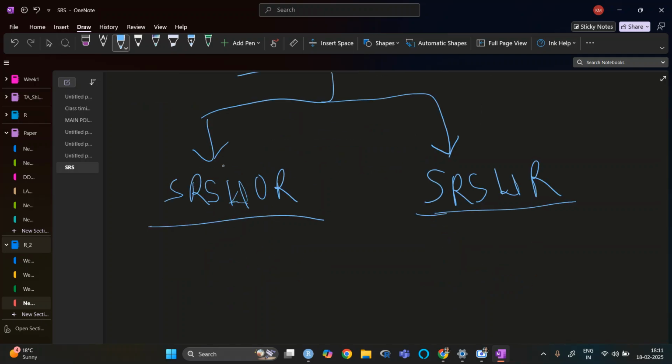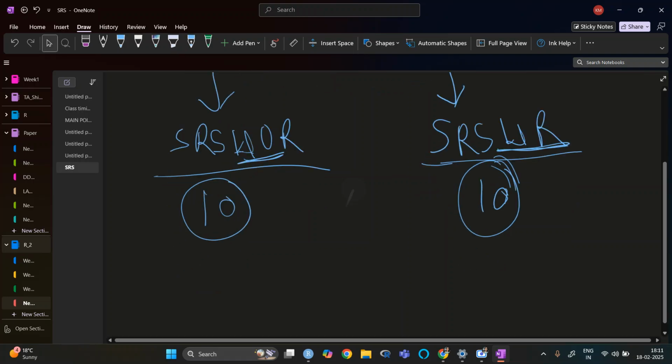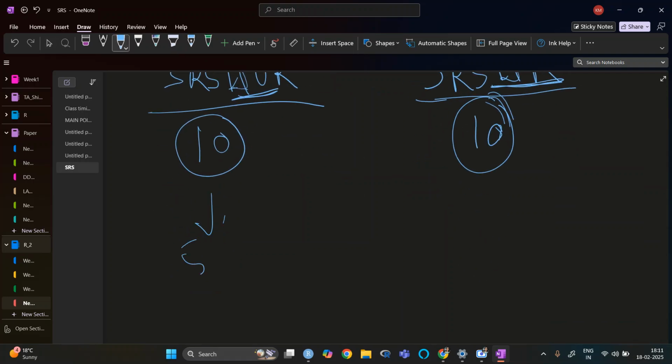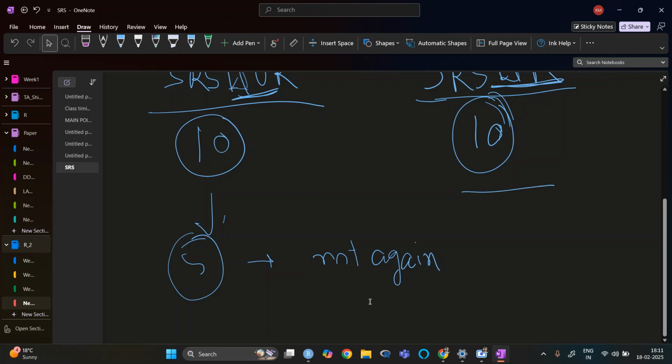SRSWOR is without replacement, and SRSWR is with replacement. If I have a population of size 10 and I have taken 5 from here, it cannot take 5 again. But in SRSWR, there is no such rule. If I have taken 5 or 10 or any number one time, it can take it again.